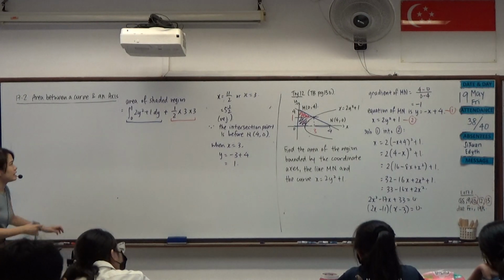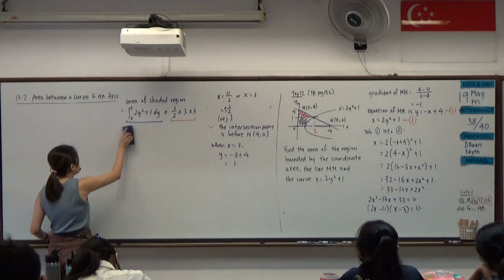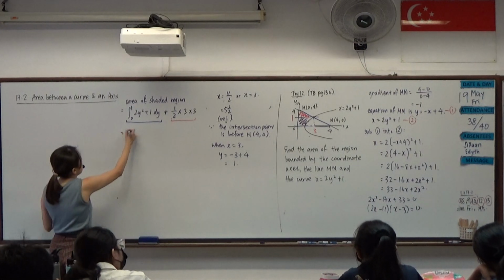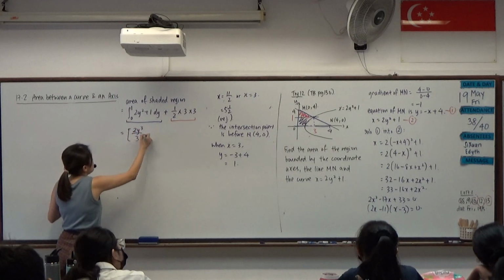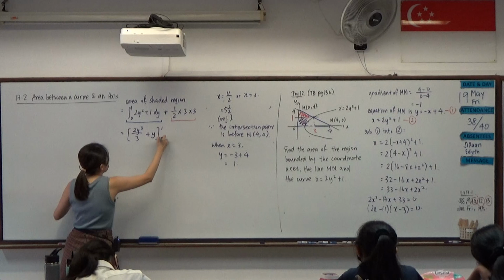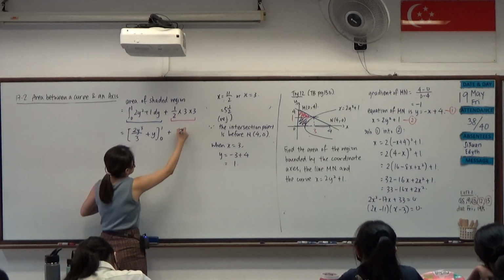Then we can solve by integrating 2y squared into 2y cubed over 3 plus y. Half times 3 times 3, that will be 9 over 2, so 4.5.